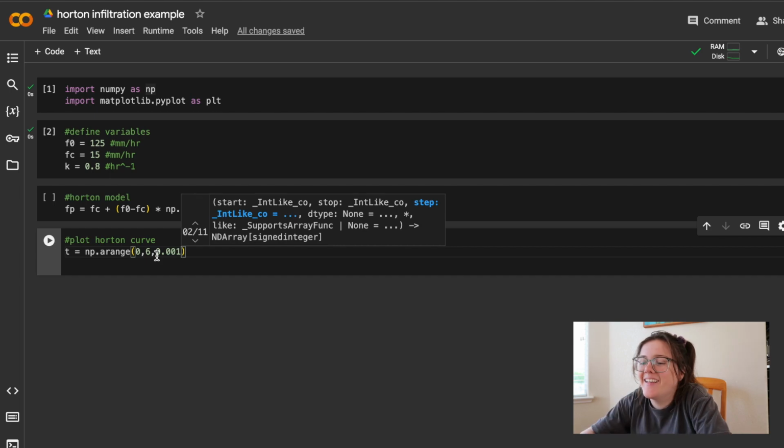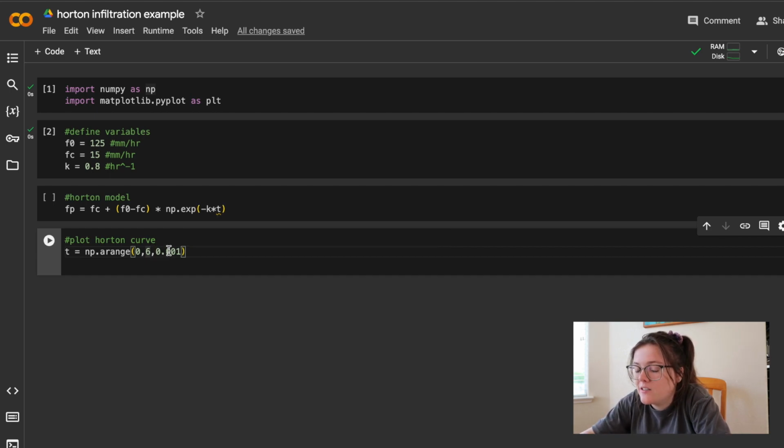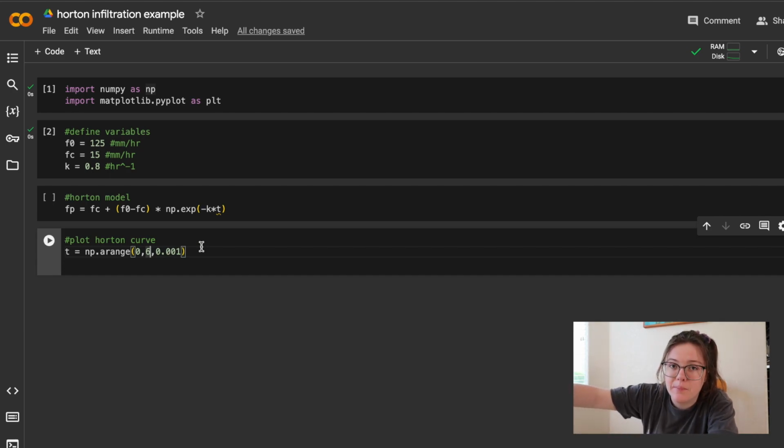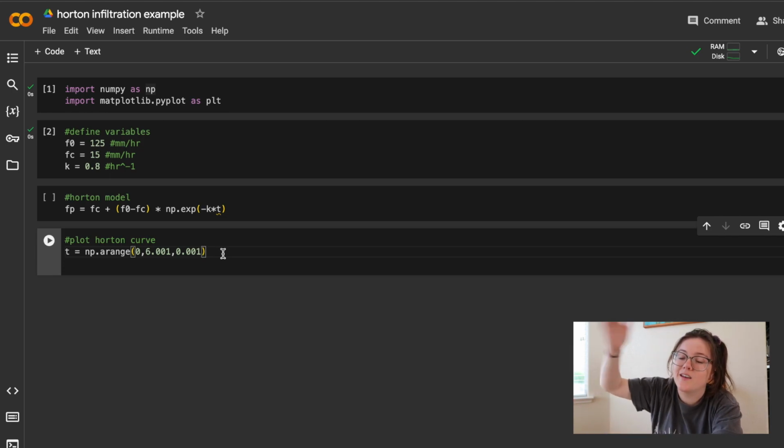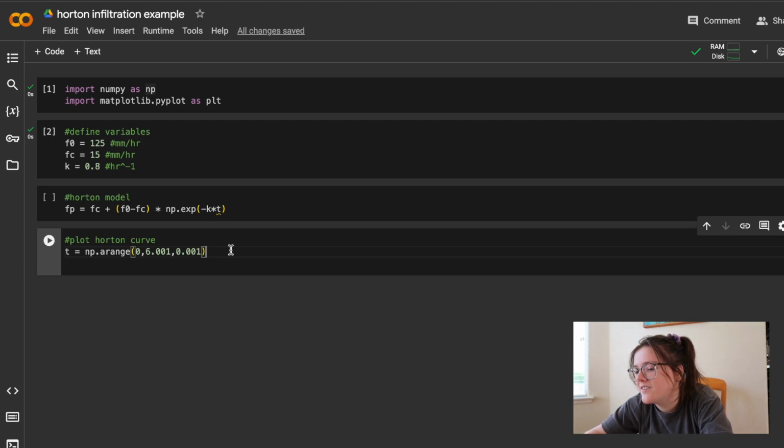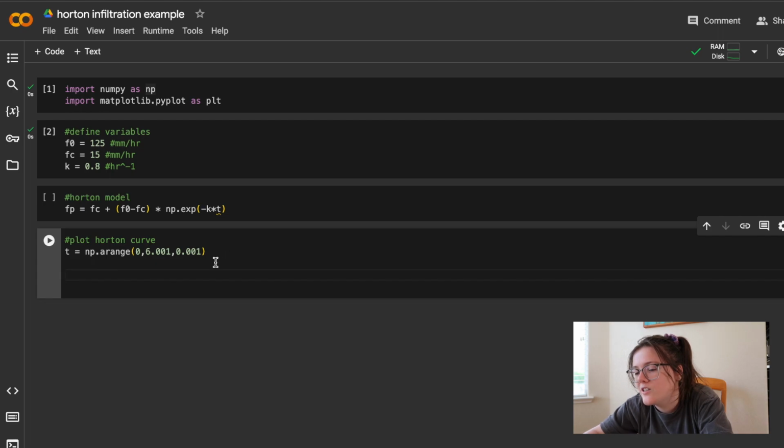In Python, if we wanted to go all the way to 6, I'm gonna have to set this to one extra step further than 6. So we're looking at steps of 0.001, going from 0 to 6.001. So now when we evaluate it, it will take us all the way to 6. It's just how the indexing works in Python. You need to go one extra.